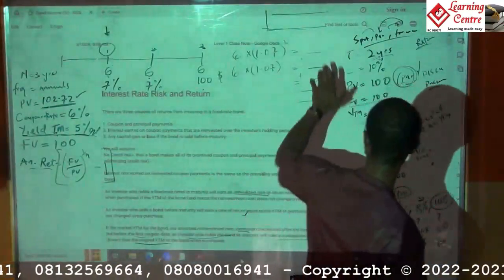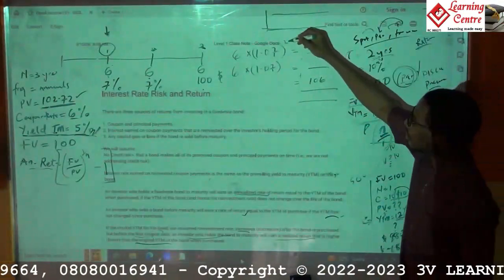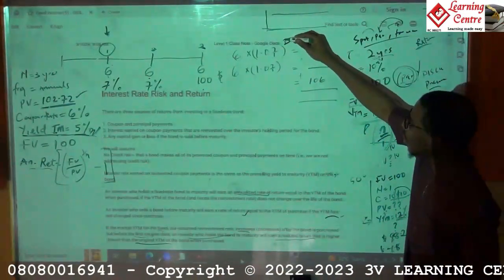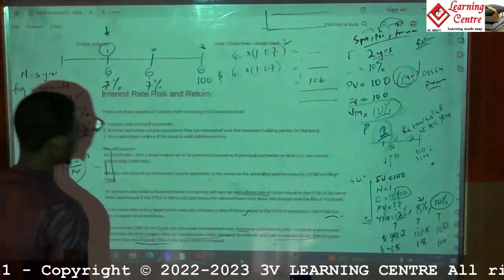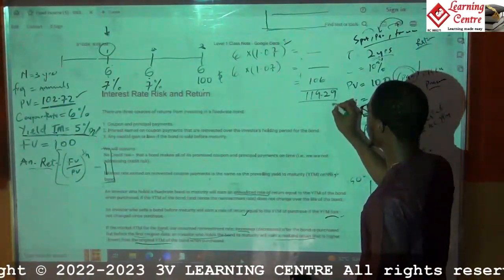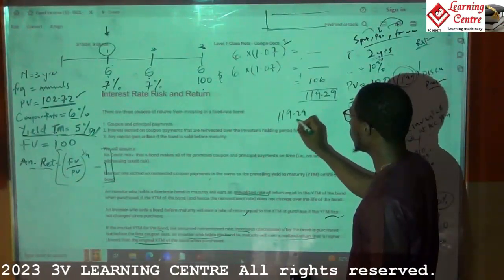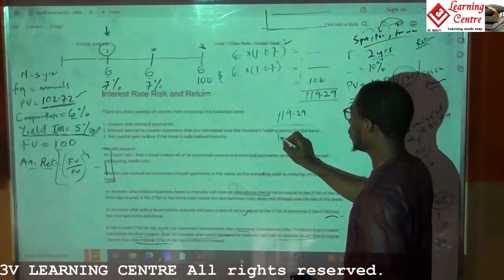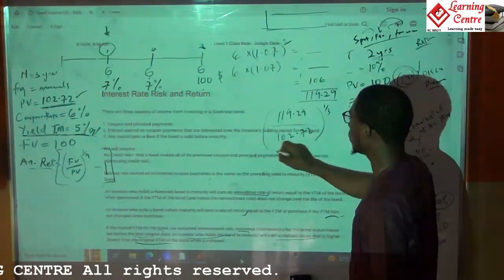So let's try. What's the answer here? 119.29. Then we can compute the annualized return. 119.29 over 102.72, raised to 1 over 3, minus 1.